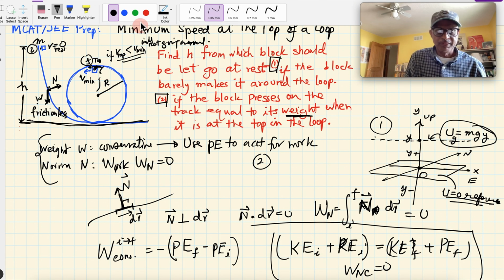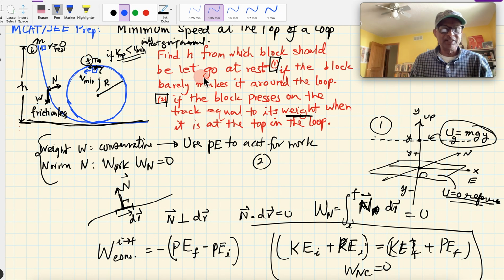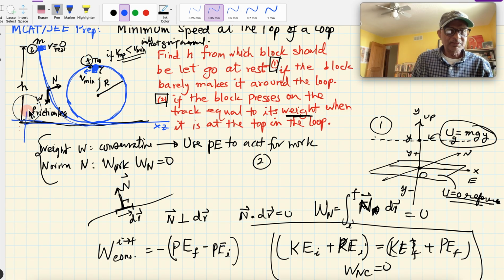Now let's examine. Now we know 1 and 2. This problem is really not that difficult once you look at it that way. If this is the initial point and this is the final point, on this path I don't need to worry about the work, because potential energy will just relate this with that. Say this is the xz plane, and let's call this the y-axis.